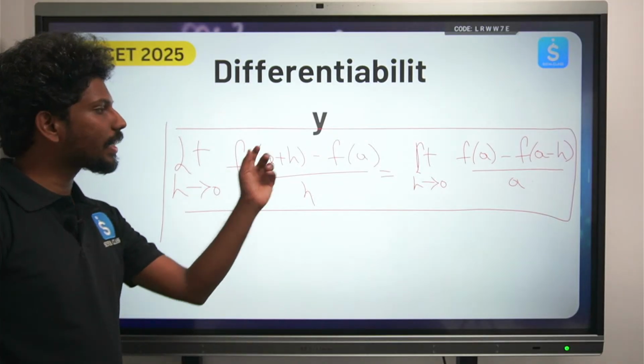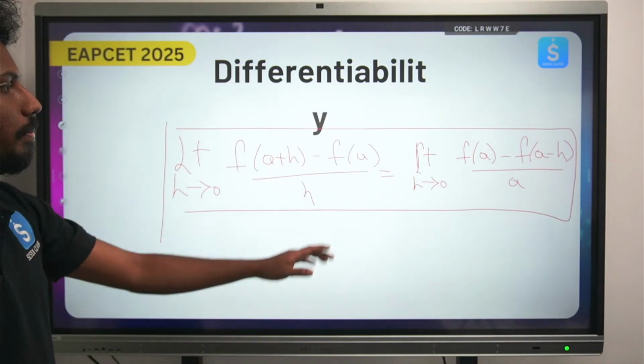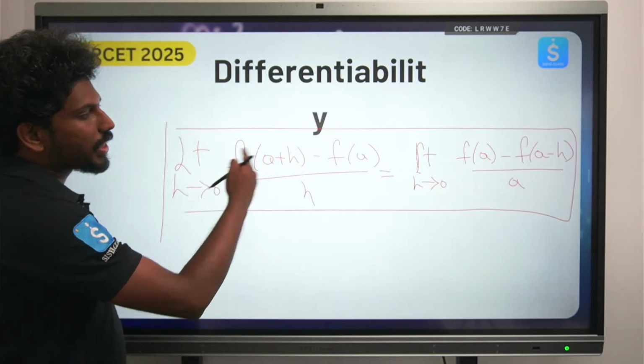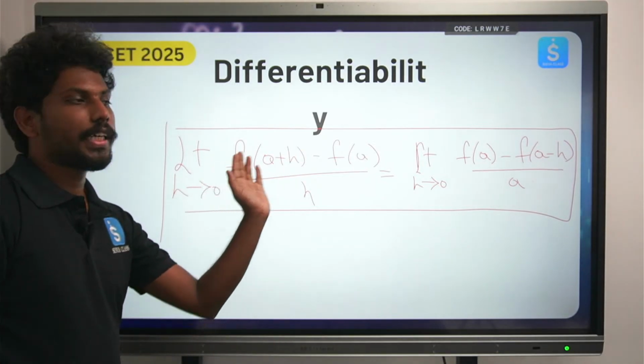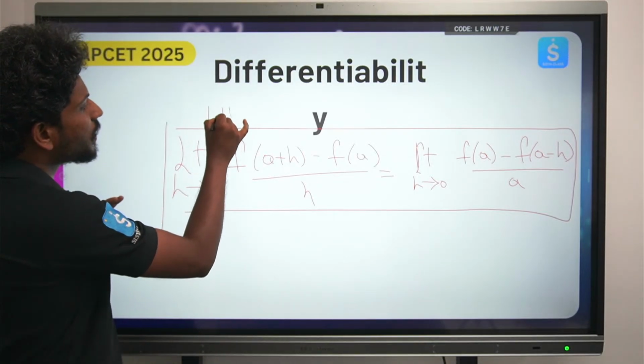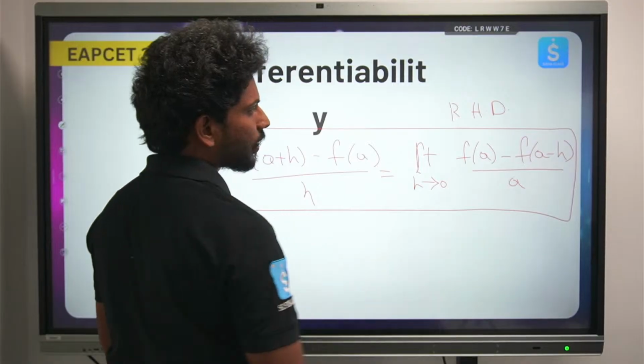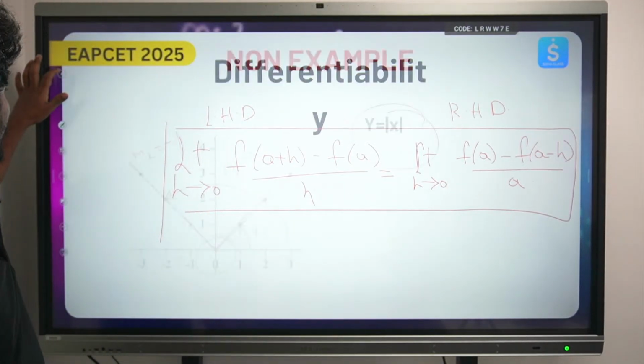Okay, so this is another way that you can write this formula. So this is how you can say that a function at a point on a curve is differentiable if and only if it satisfies this condition. Just like this is called the left hand differentiability condition, this is called the right hand differentiability condition. So once you understand this, we are done. Okay, so we are good to go, right?